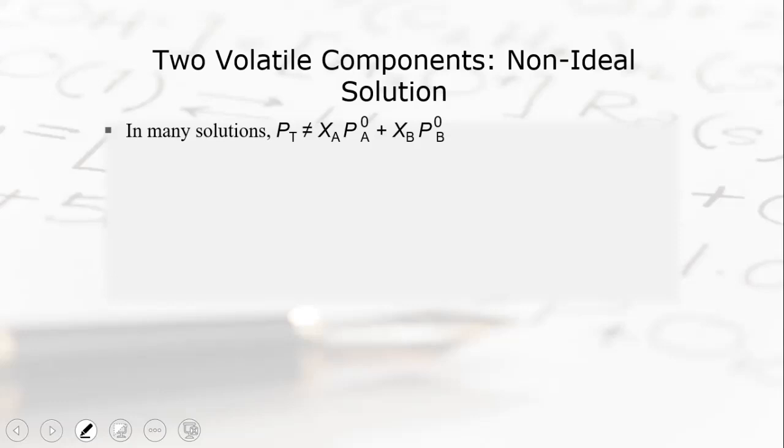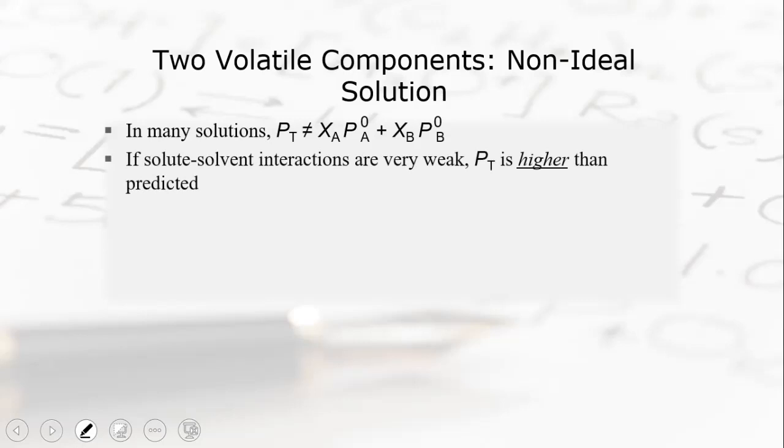Now, I'm going to let you read this in your textbook and look at some pictures, because in the interest of time, I'd like to skip a little bit of the deeper explanations. Bottom line, here's what happens. Let's say that although these two components form a solution, the solute-solvent interactions are very weak. It's almost as if they kind of put up with the other liquid molecules being there, but it's not like they're really fired up about it.